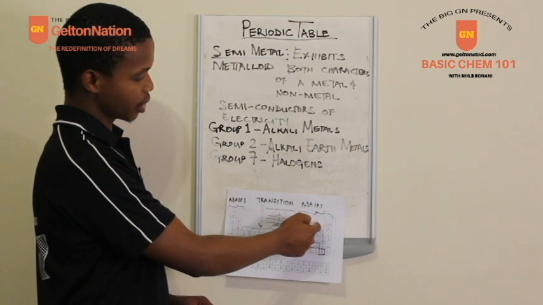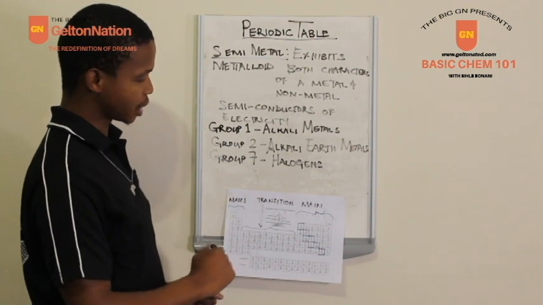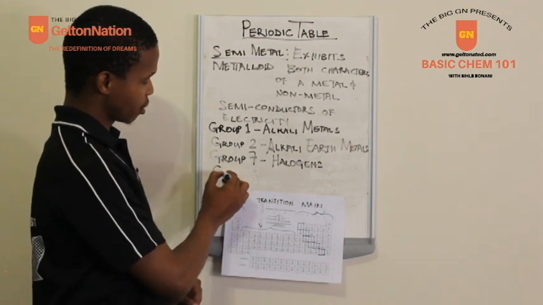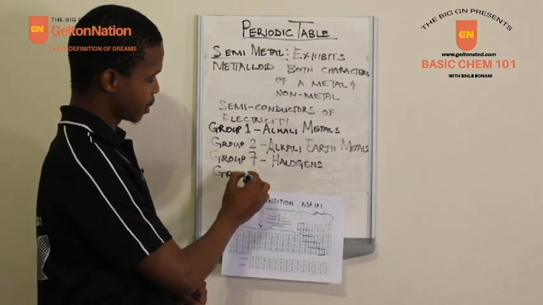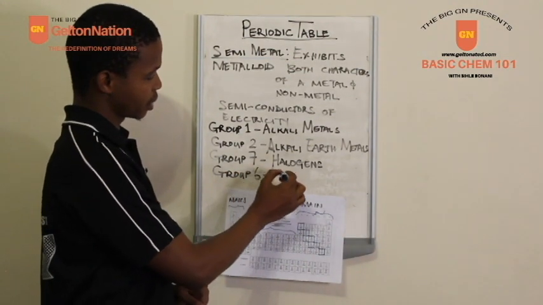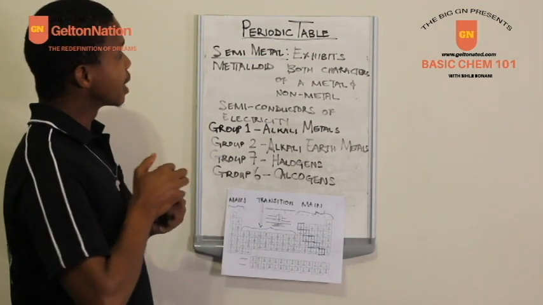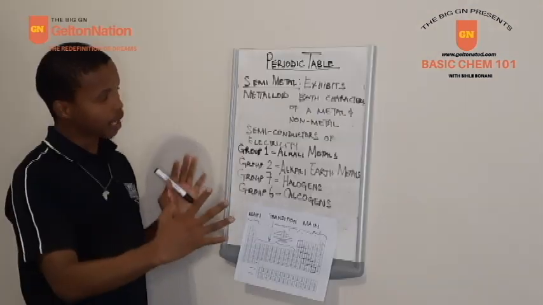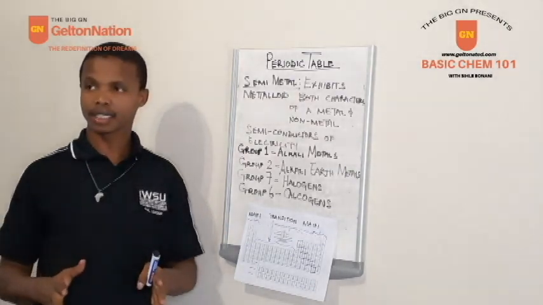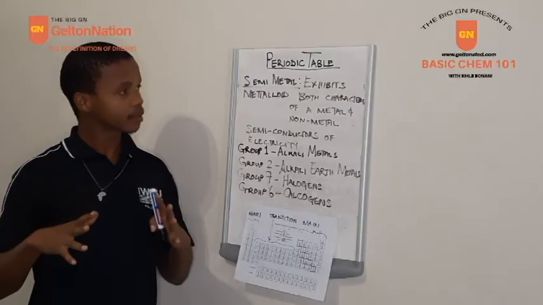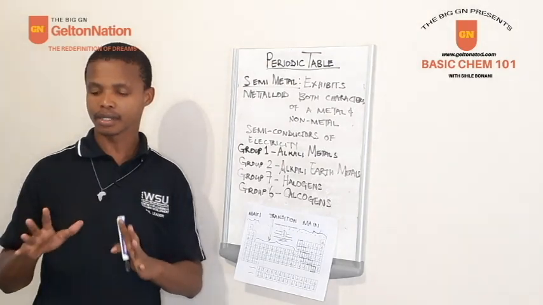But the oxygen group is also called the chalcogens, which is group 6. That is how we break down the periodic table, and for now this is where we stop.